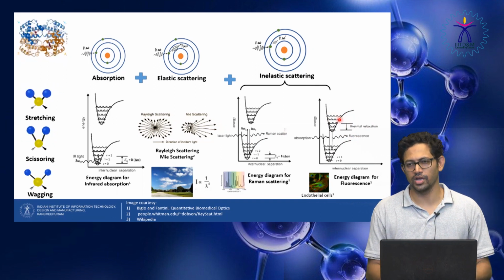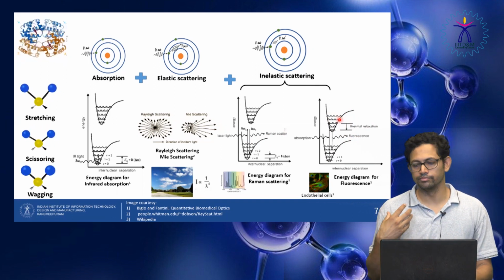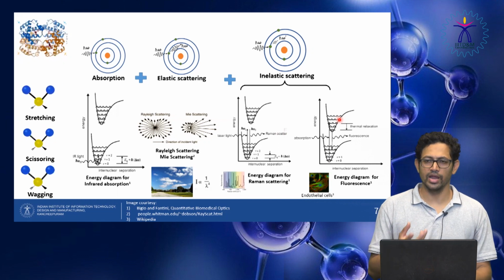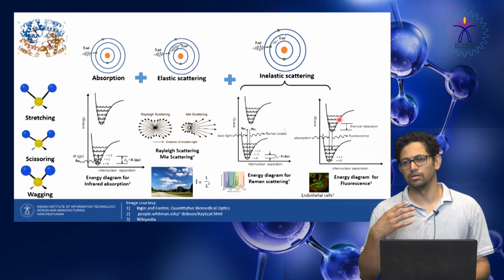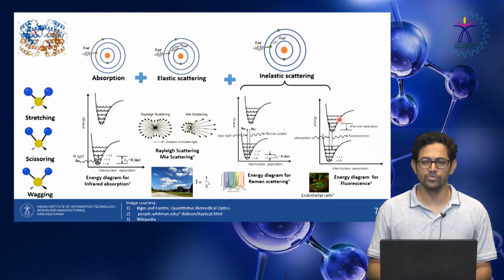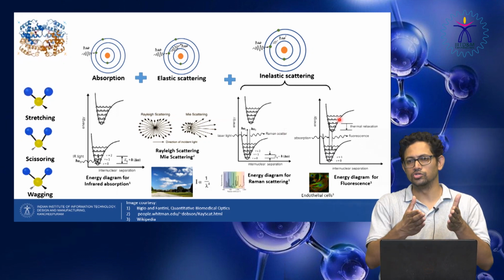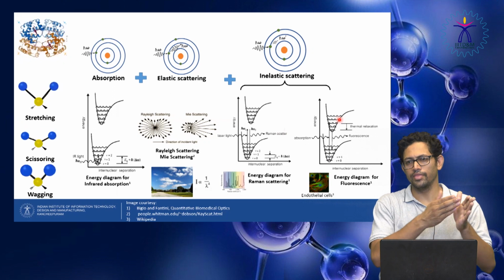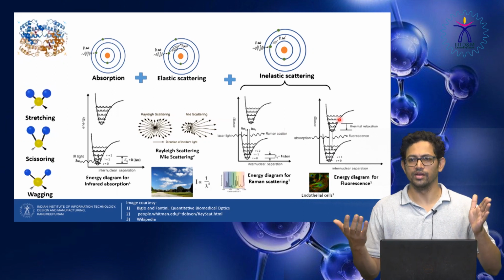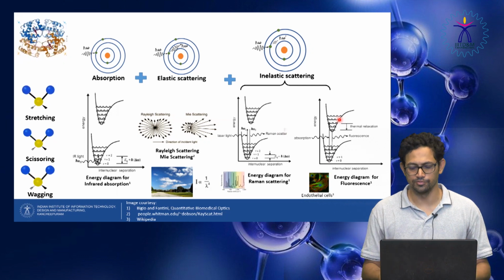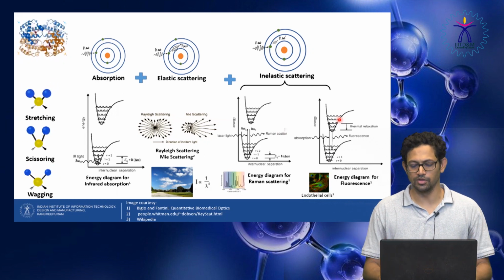For example, we shine red light and we get infrared. If we shine blue light, we get green light or red light. It's a significant shift, because blue light is around 405 nanometers. You incident 405 nanometers on the tissue, and what you get out is green light, around 545 nanometers, or red light, around 660 nanometers. A significant shift in the frequency.